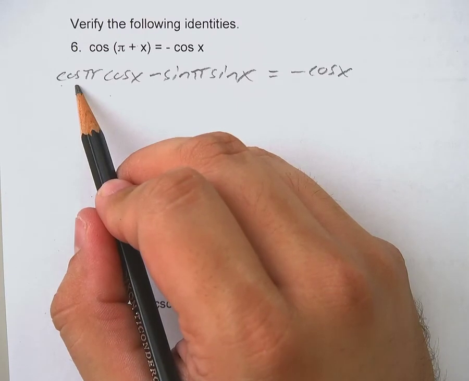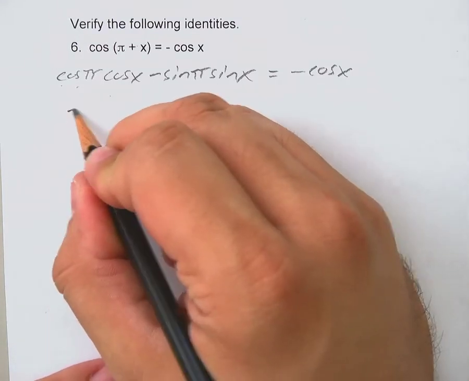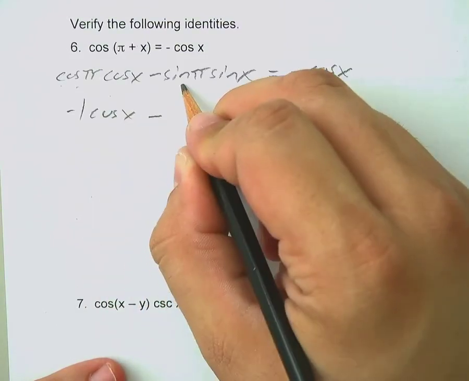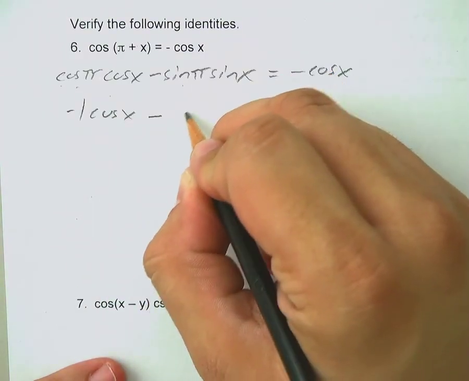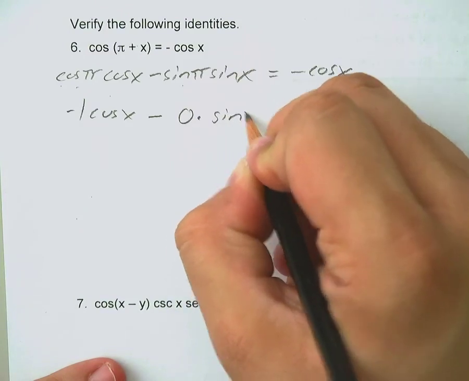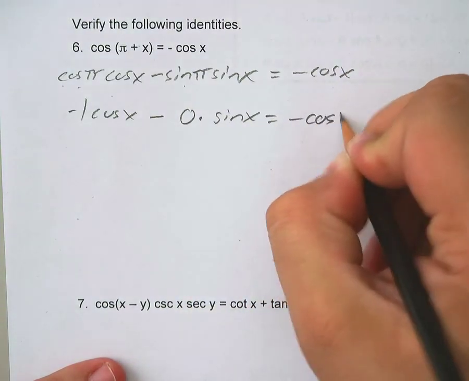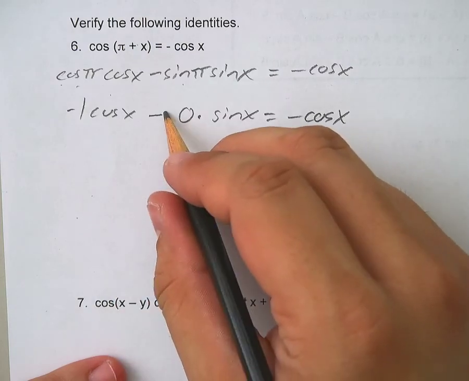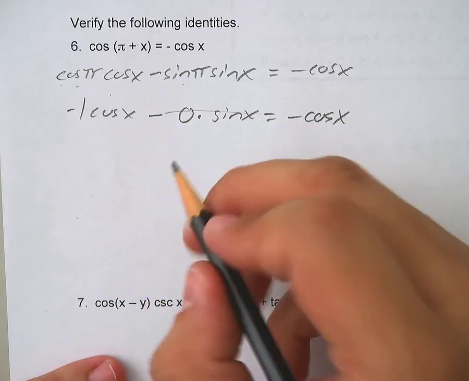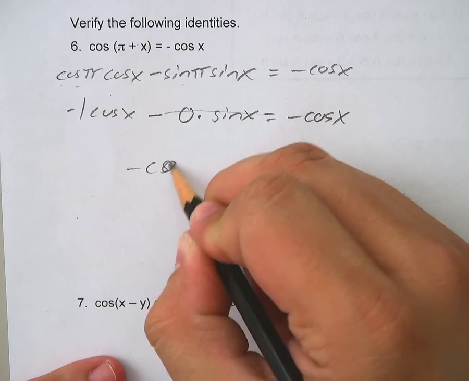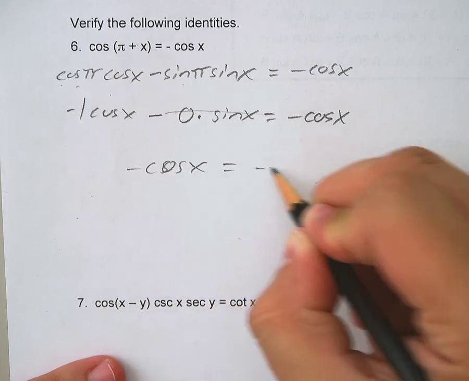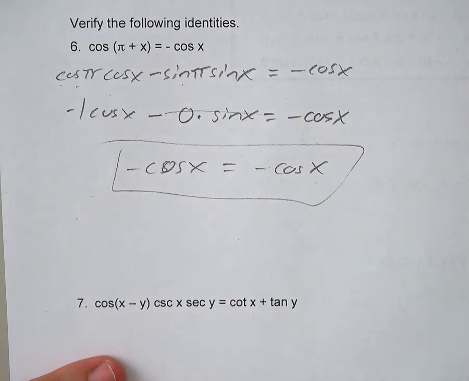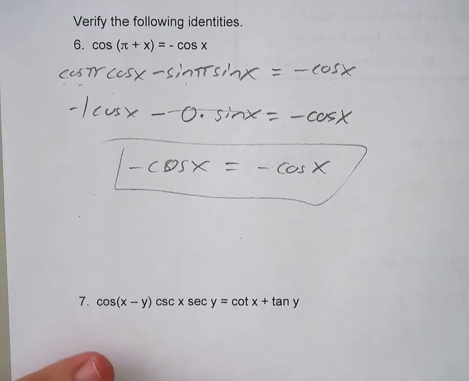The x value at pi, negative 1. Negative 1 cosine x minus, what's the sine of pi? 0. Well, won't that cancel out and make that just 0? So you have cosine of x equals negative cosine of x.